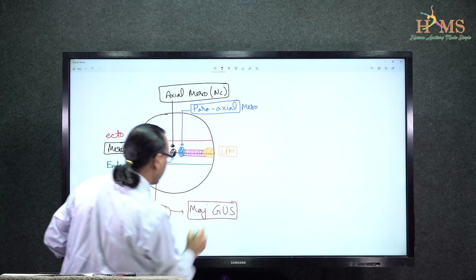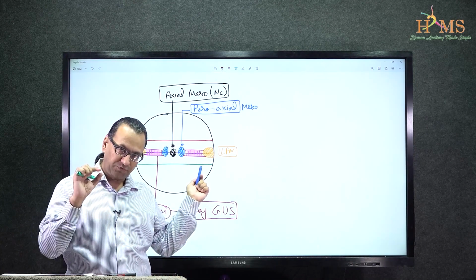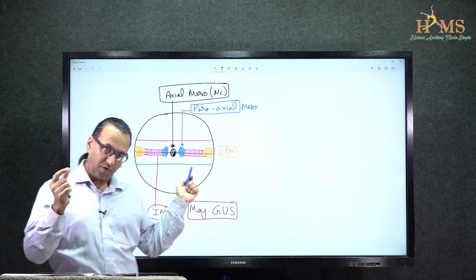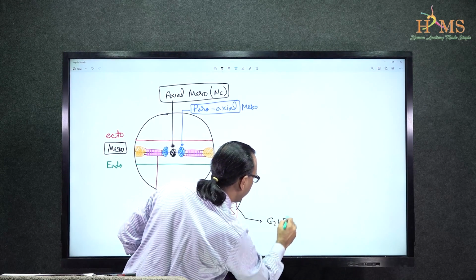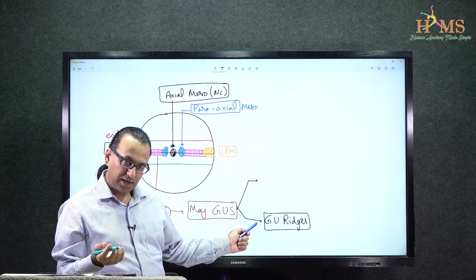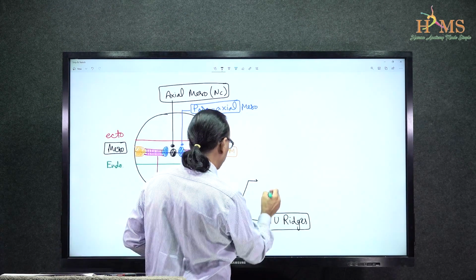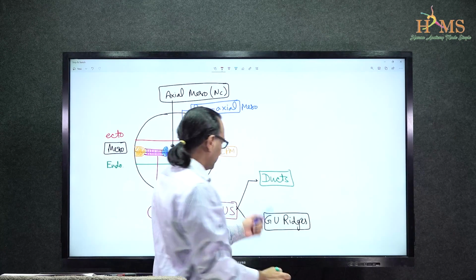And when we are talking about this intermediate mesoderm, there will be some ridges formed and some ducts are formed. And what do you call them? Genitourinary ridges. And what are the ducts called? Before you start talking about the ducts, you mention what the ridges are supposed to do.